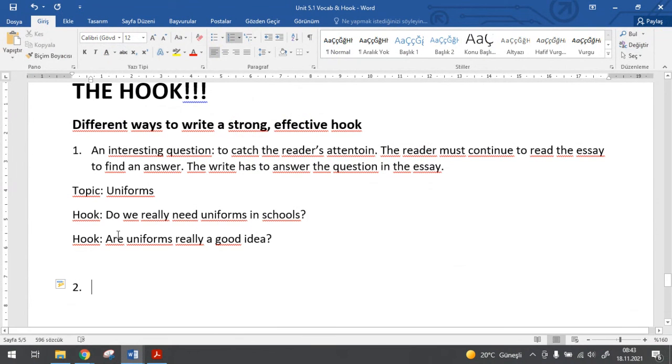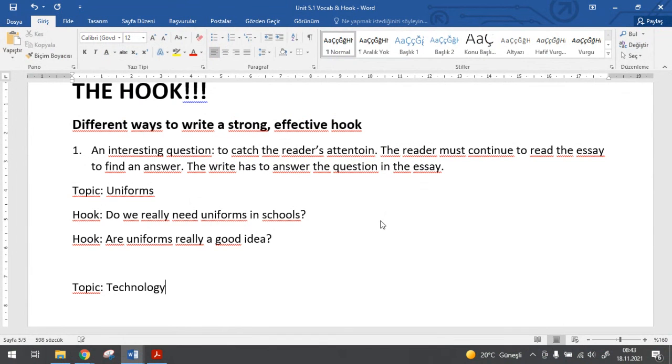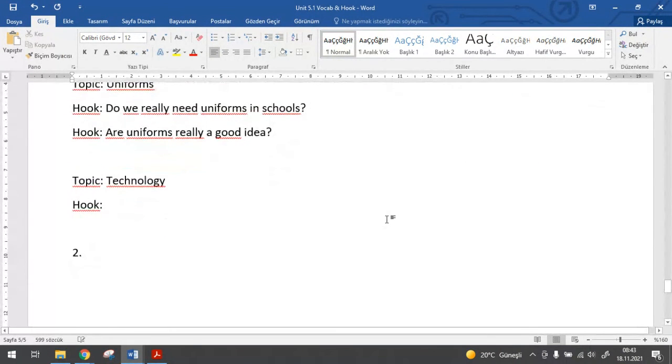Remember, Unit 5 is about technology. When I was thinking about this topic of technology, I thought I found a good hook with a question about technology.